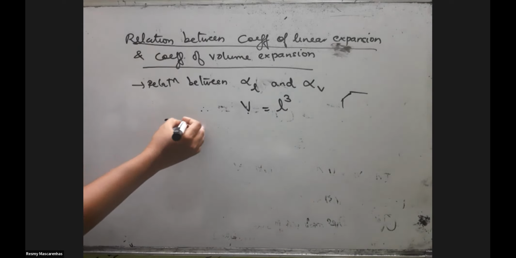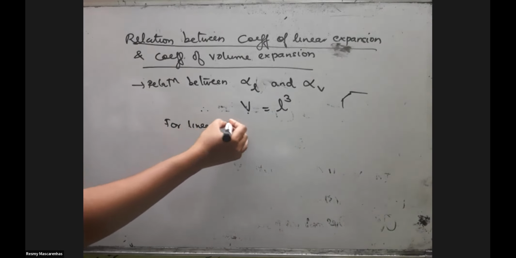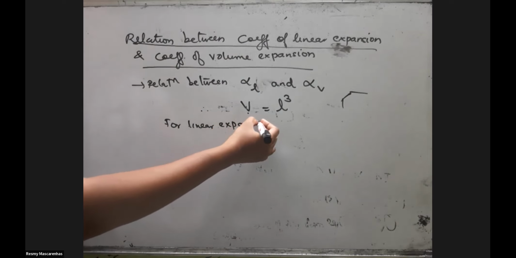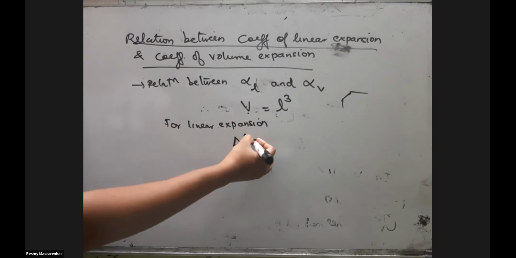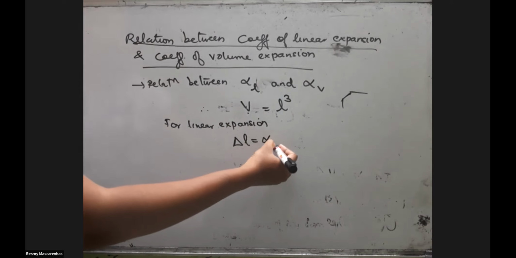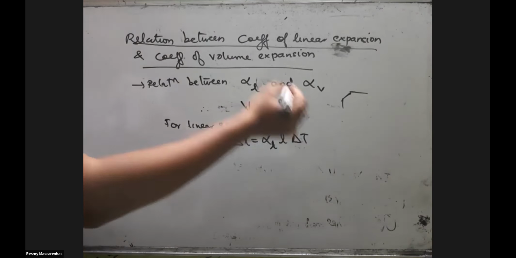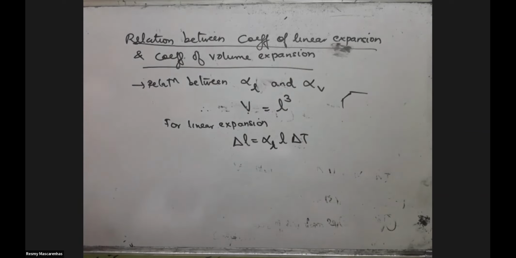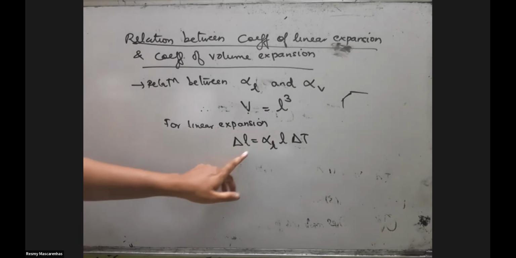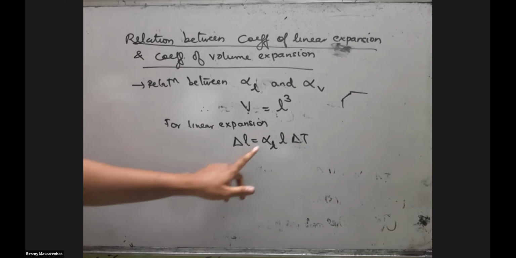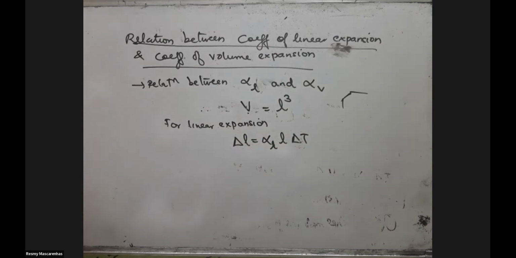For linear expansion, this formula I have given you under the diagram: alpha L, it's nothing but delta L upon L is equal to alpha L into delta T. So I have just taken that L up.